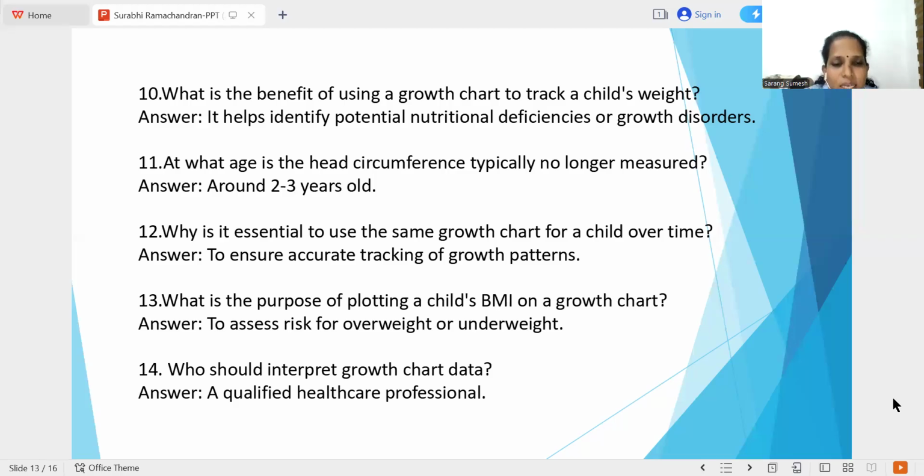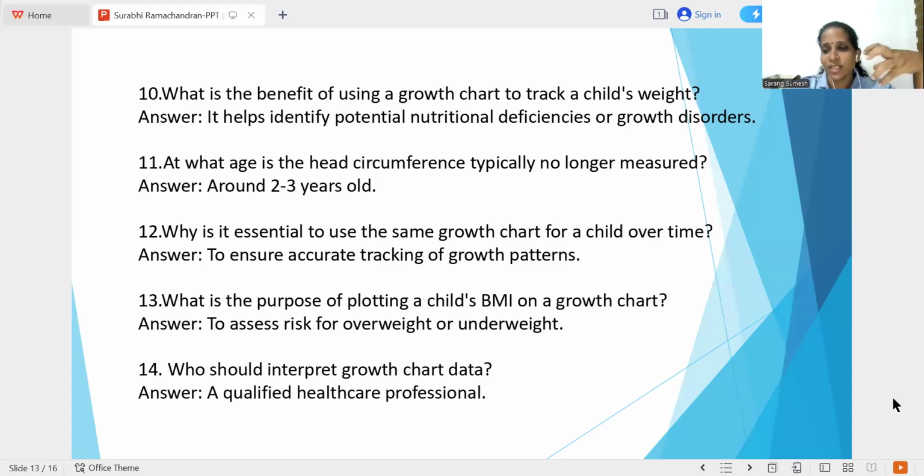Why is it essential to use the same growth chart for a child over time? To ensure accurate tracking of growth. One growth chart we use for one child, so we can make out the growth pattern of the child. What is the purpose of plotting a child's BMI on growth chart? To assess the risk of overweight or underweight.